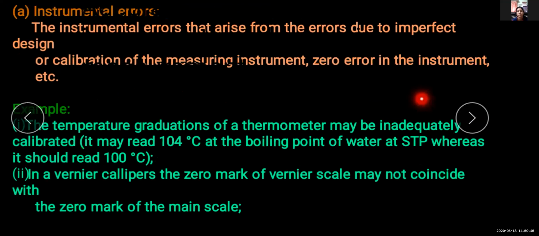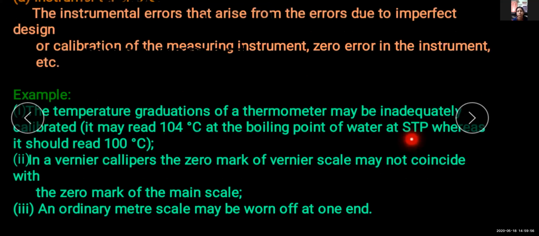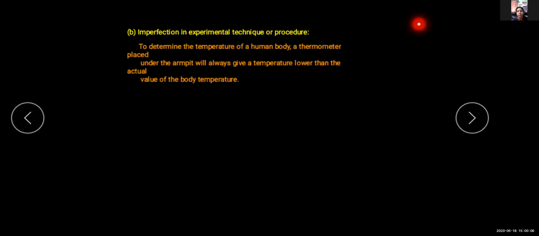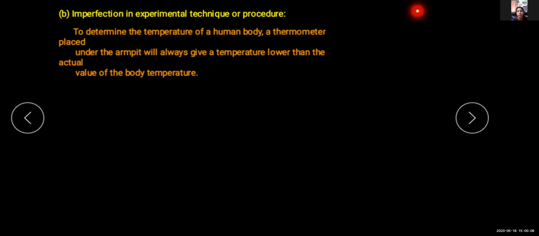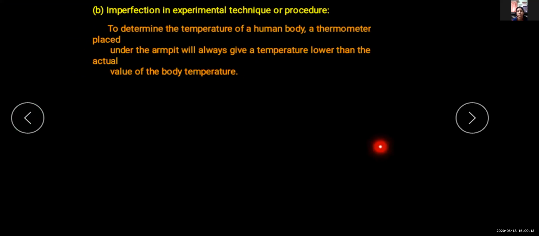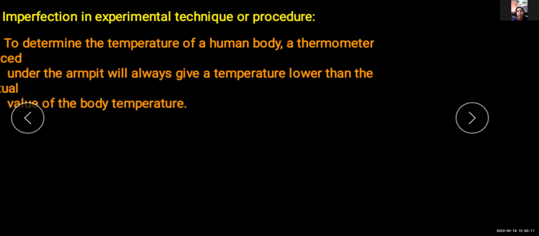In vernier calipers, the zero mark of the vernier scale may not coincide with the zero mark of the main scale. This is instrumental error. An ordinary meter scale may be worn off at one end. These are some examples of instrumental error. Second is imperfection in technique or procedure.